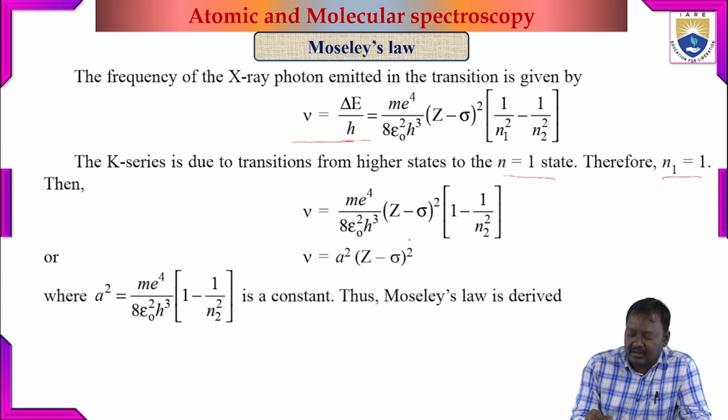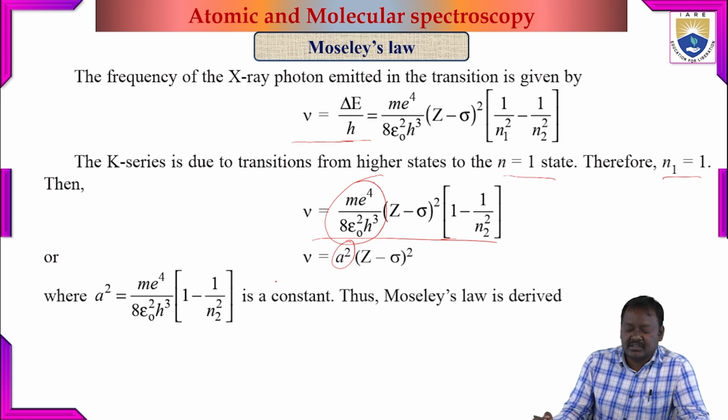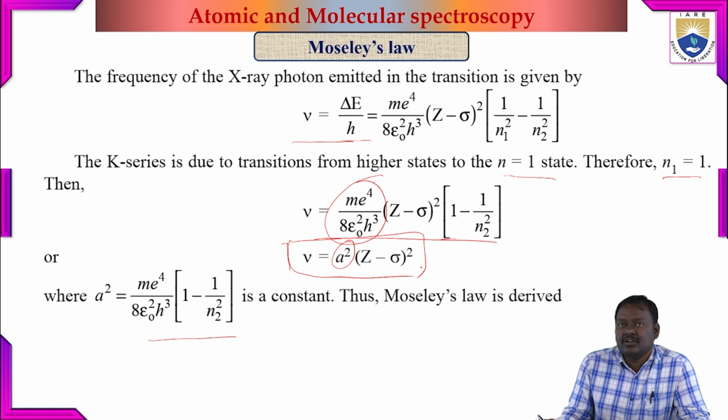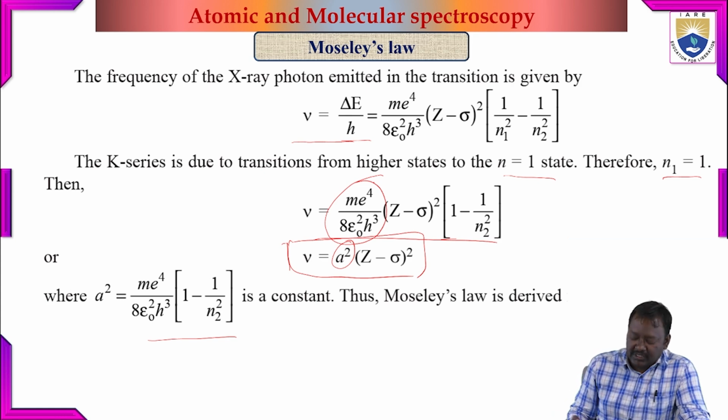So this is the equation we are getting, and as we are taking all these constants along with 1 minus 1 by n2 square, a square is the constant. Okay, so this is Moseley's law. We already discussed this law. So we can derive Moseley's law from Bohr's theory.